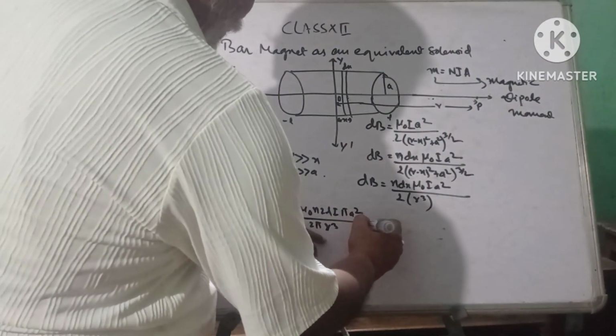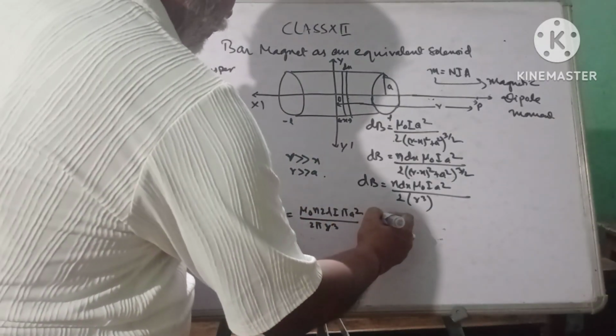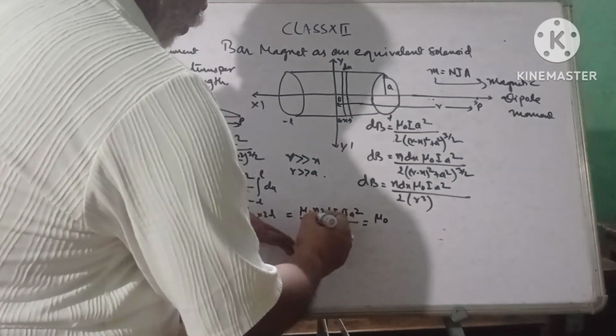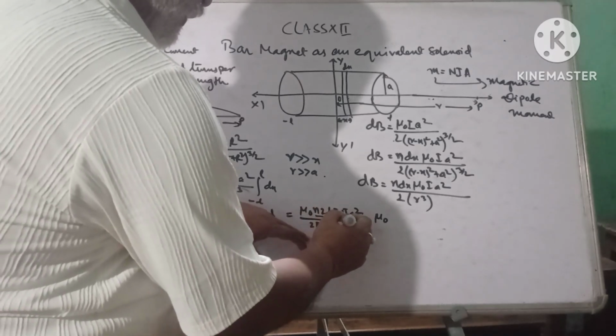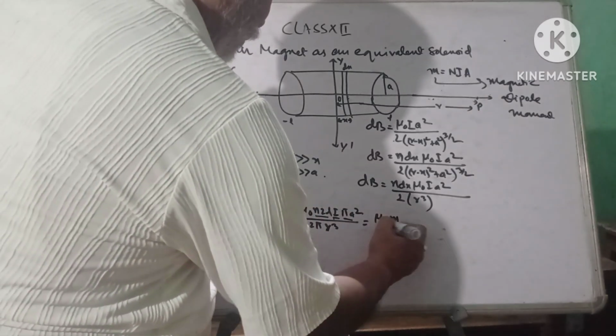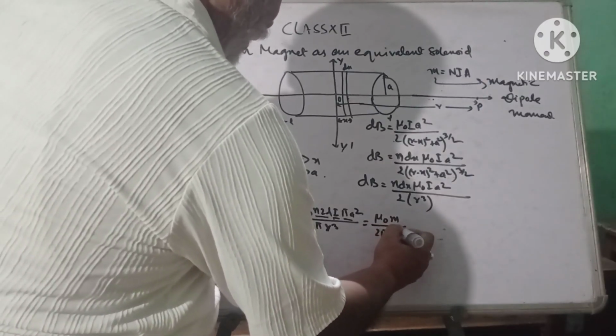So here this will be nu naught, N the total number of turns, I the current, A the area, M by 2 pi r cube.